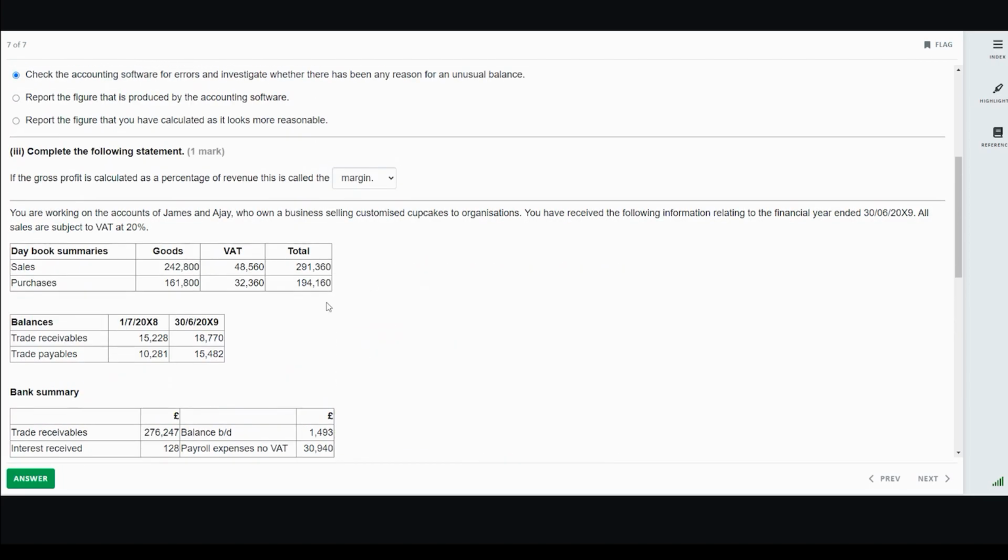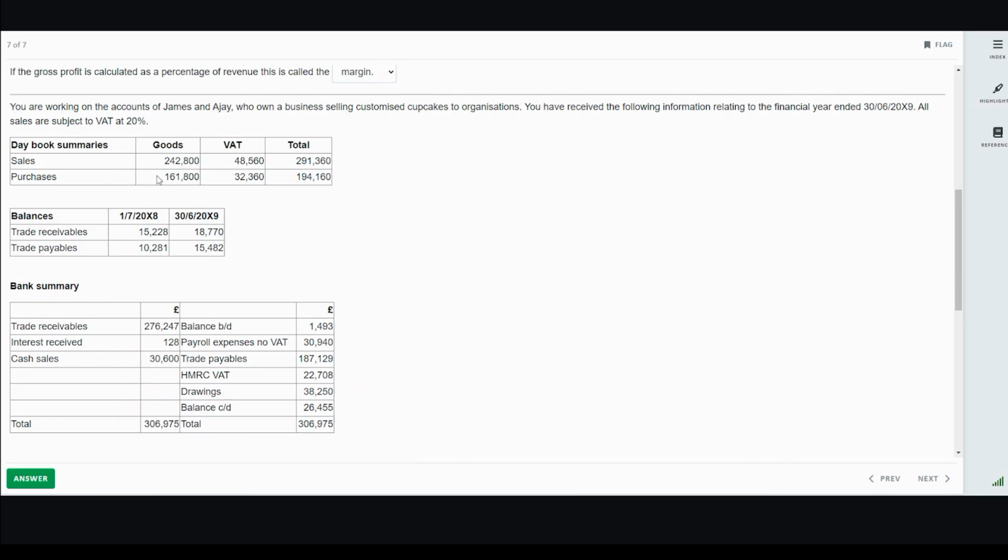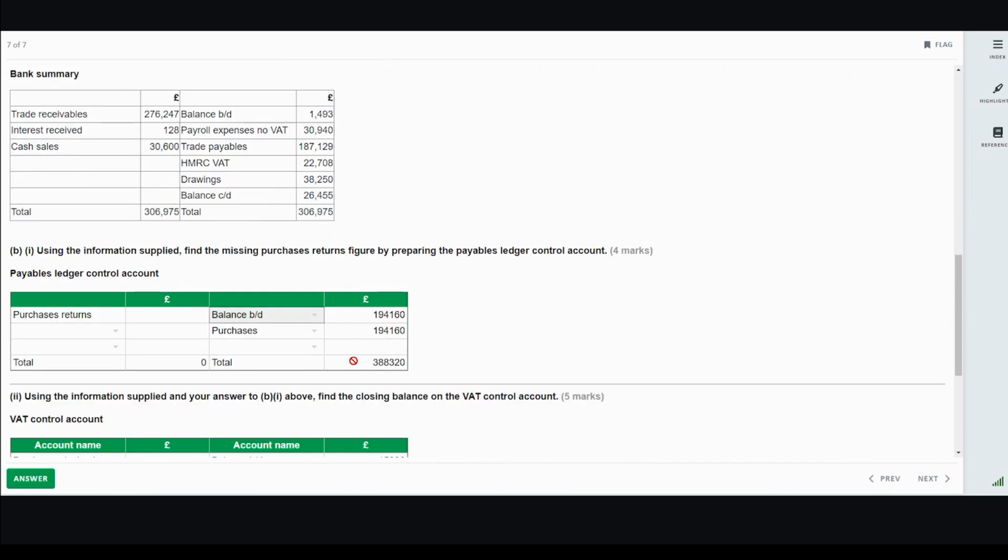Then what have we got? I've got my trade payables at the start of the year. So really what I should have done is probably put that in first, so let me just move that down. The good thing is with this, you can mess about with it. So I should have a balance brought down of 10281.